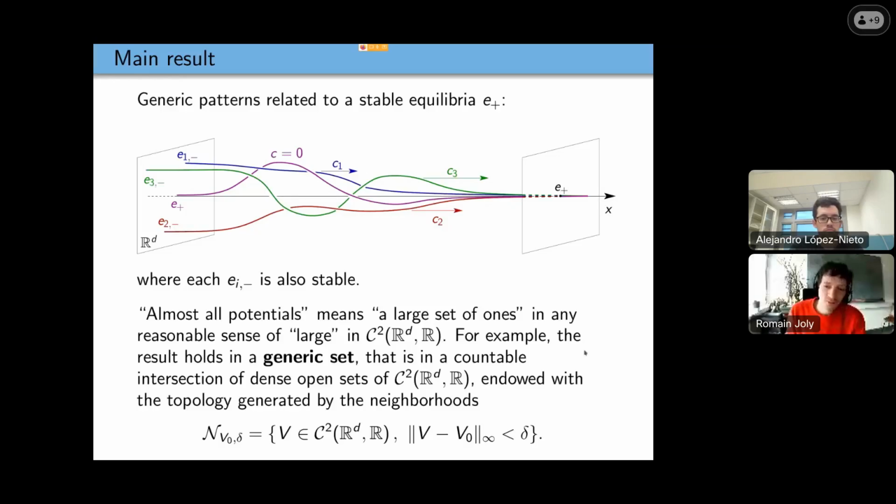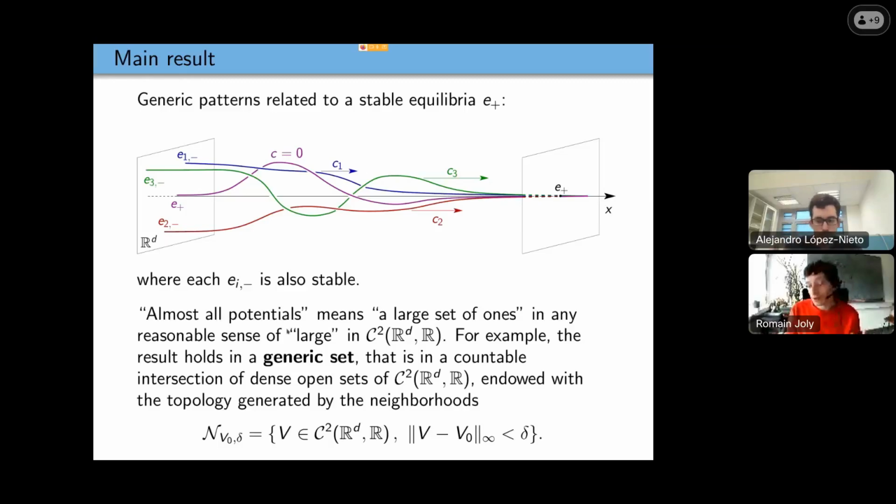The most usual definition is a generic set, which means that it contains a countable intersection of dense open sets for some topology, for example the topology generated by the infinity norm, or whatever is reasonable. If you are not used to this, just think that generic means almost all.